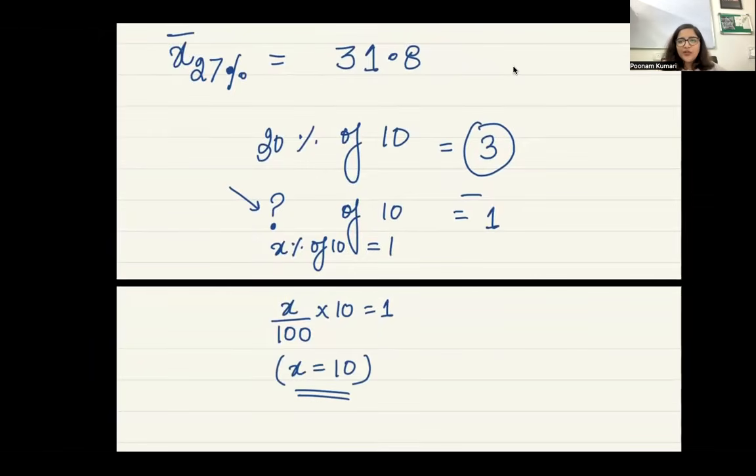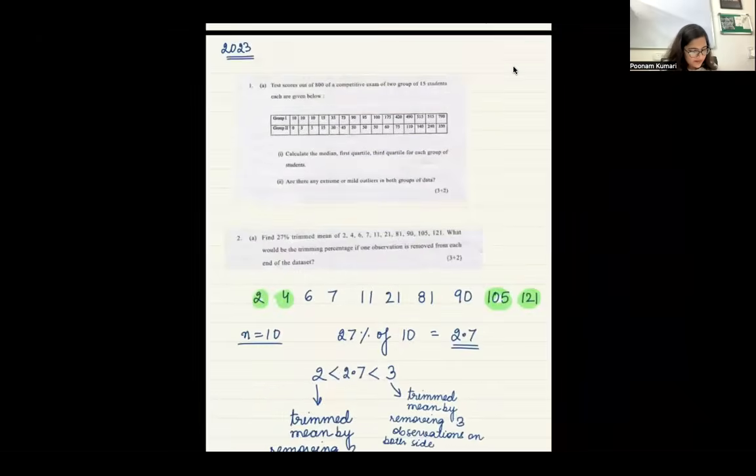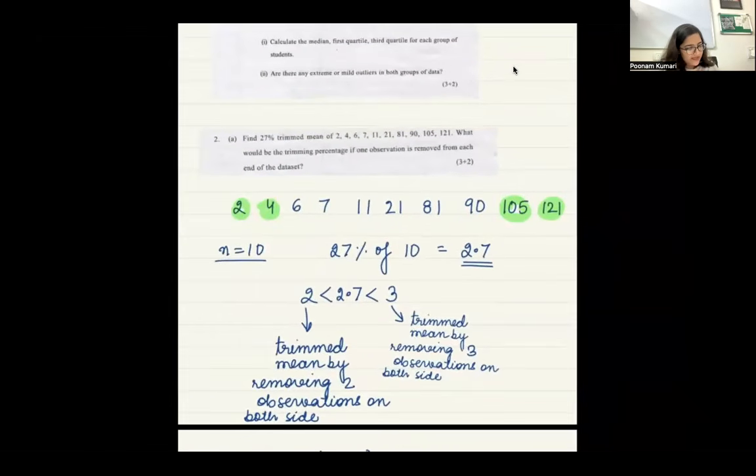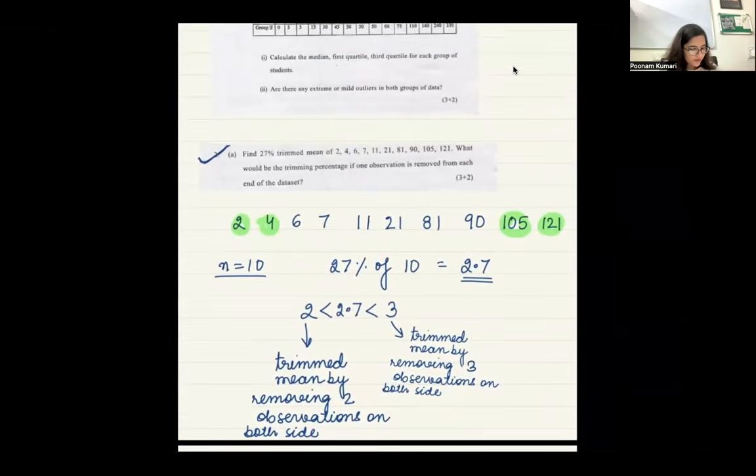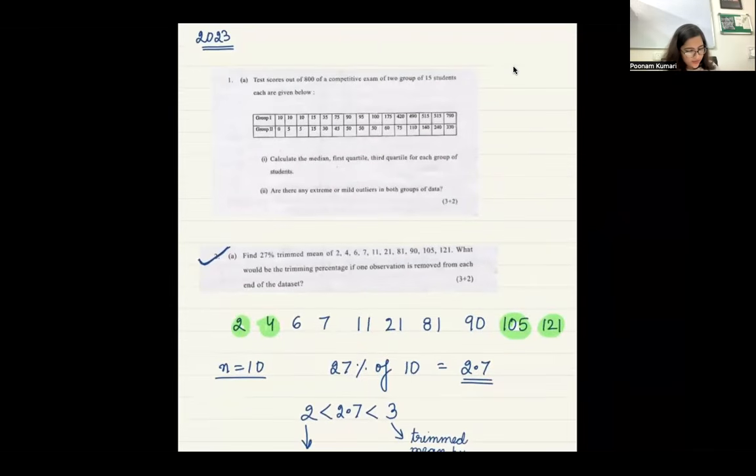You will take 10% of 10, which is 1. So then you'll remove 1 from left and 1 from right. Yes, that's the question. So that percentage should be 10%. All right, so this is clear how to do this? Yes, ma'am. Fine. Now moving on to the next one.